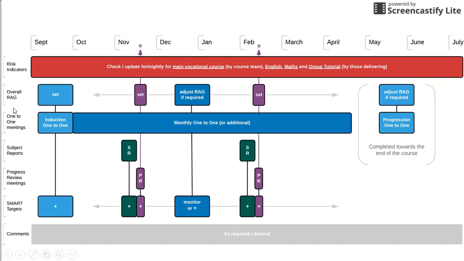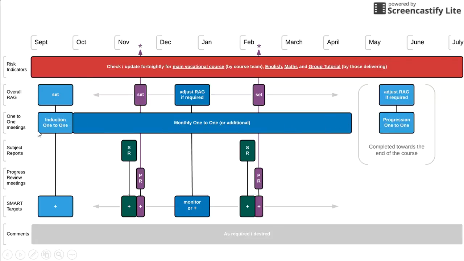Now there's this overall RAG. In your one-to-one meetings with students, the concept hasn't changed. There's an initial induction one-to-one, then you've got monthly one-to-ones here, and then a progression one-to-one at the end.